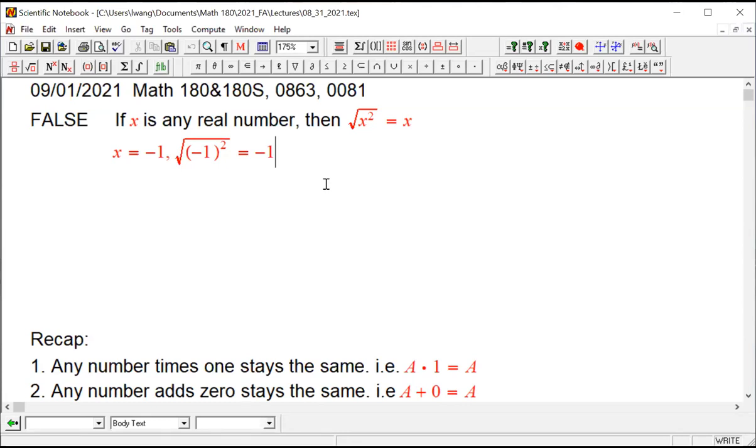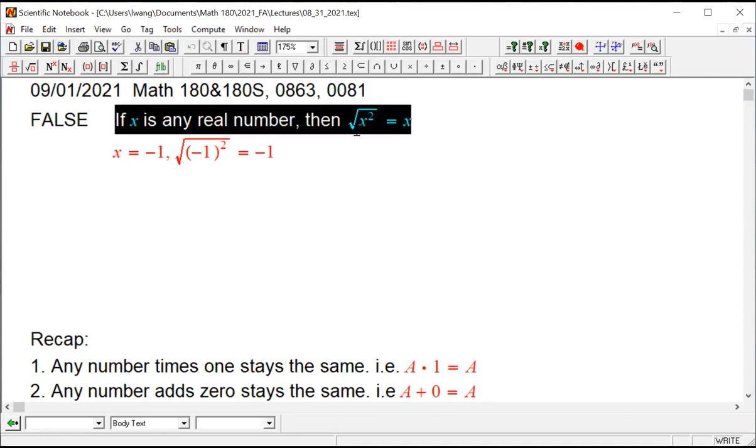So when we read this statement, we have to understand what x can be. You need to think, oh, x can be any real number. That means x can be positive, 0, or negative. I randomly choose a positive number to see if it's true, plug in 0, see if that's true, and plug in a random negative number to see if that's true.